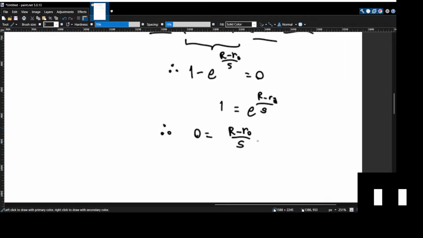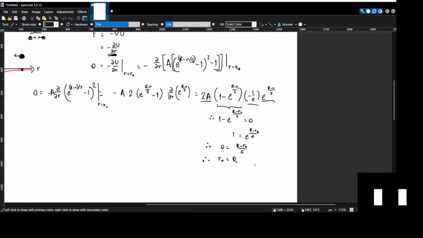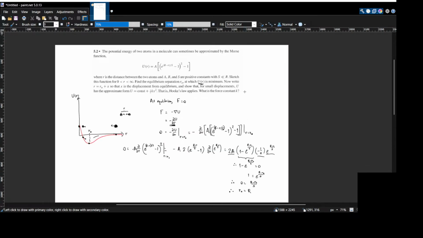And therefore we can conclude that at R naught, where the point is equilibrium, R naught equals R. And that is the answer to this part, at least. Find the equilibrium separation R naught, at which this is minimum. We found it. Yay! Okay.